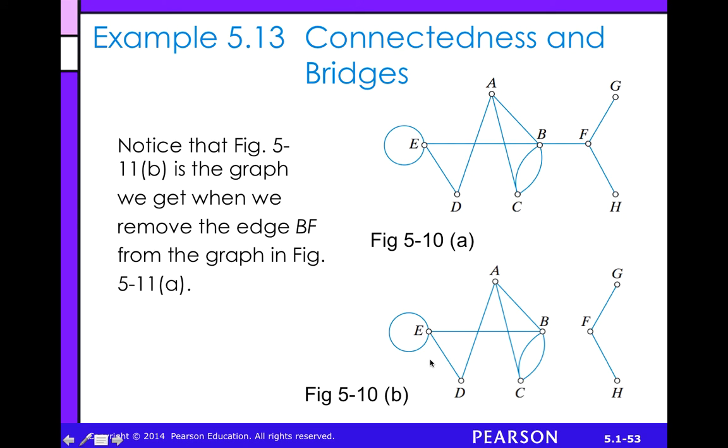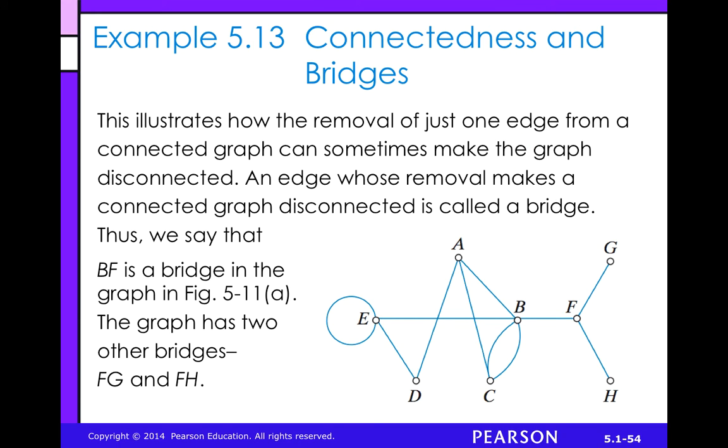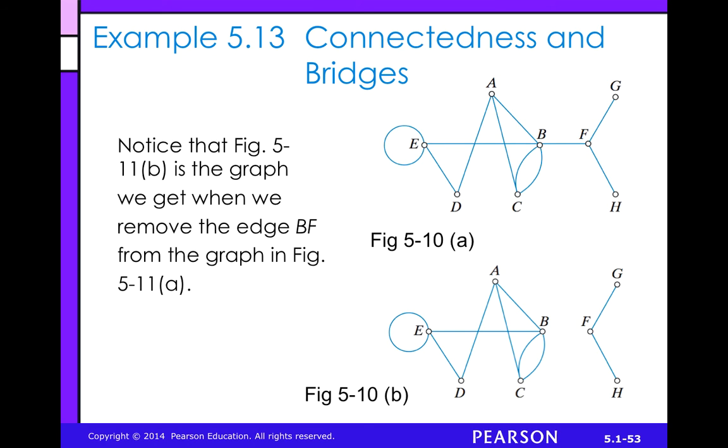Notice that in this figure here, this is the graph we get when we start with this graph right here and just snip out this edge right here. So we just erase the edge from B to F. So notice that. This illustrates how the removal of just one edge from a connected graph can sometimes make the graph disconnected. So notice here, this is a connected graph.